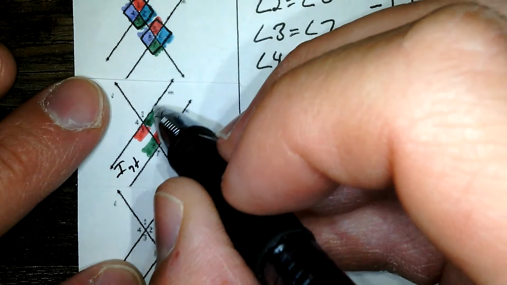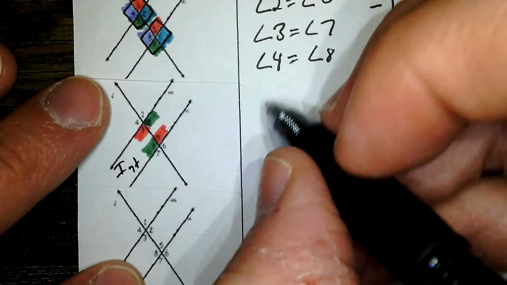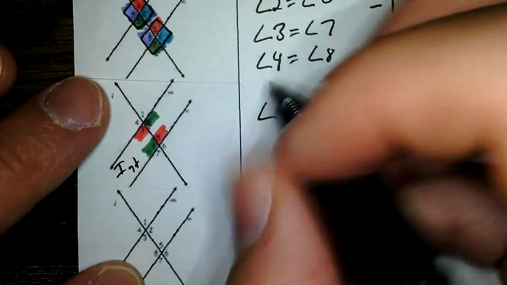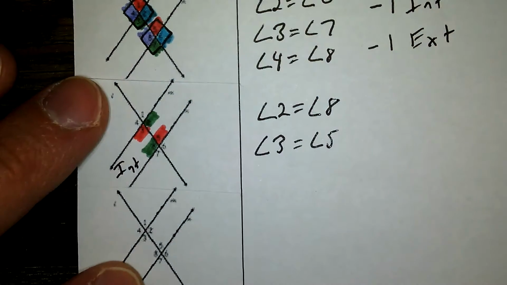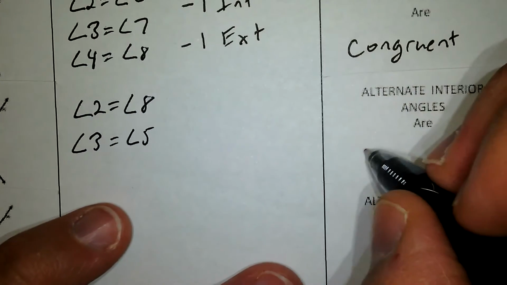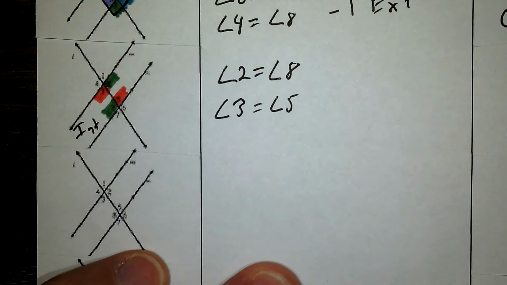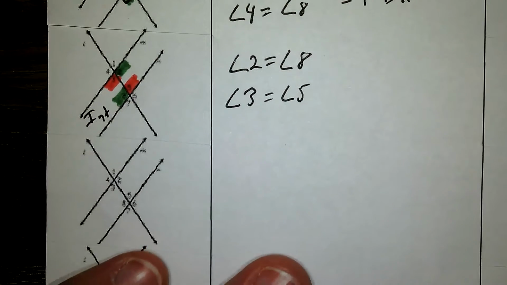We can see that angle 2 is the same angle as angle 8. So angle 2 is equal to angle 8, and angle 3 is equal to angle 5, making these angles congruent. So again, if I ask you what is the relationship between angle 3 and angle 5, you would tell me that they are alternate interior angles.